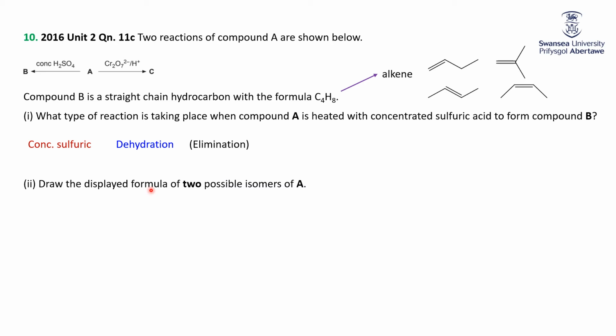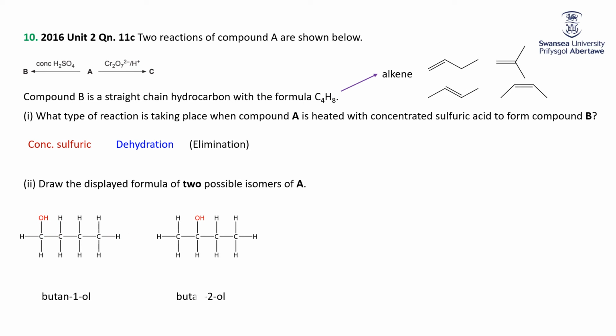So now the displayed formula of two possible isomers of A. If we're taking A and removing water from it and getting one of these, then all we have to do is draw the alcohols that would leave you with these when you remove the H2O. So for example, butan-1-ol: remove the OH and the H and we would get a double bond there.